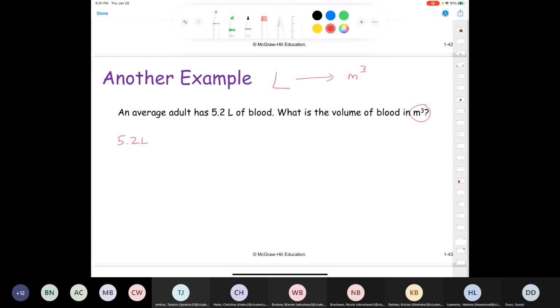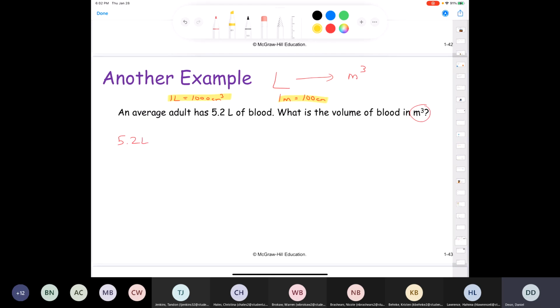Because I know how many centimeters are in a meter. I know that in 1 meter, there is 100 centimeters. Another conversion factor that I know is that in 1 liter, there is 1,000 centimeters cubed. So I can use these conversion factors to help me get from liters to meters cubed.